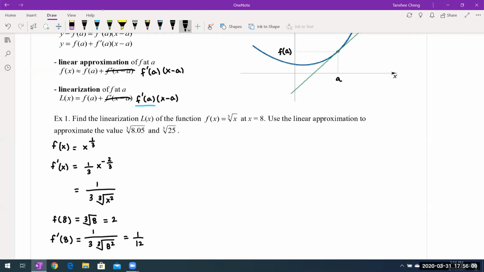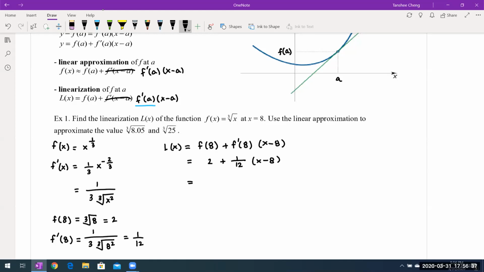Now put it into the linearization function: L of x equals f of 8 plus f prime of 8 times x minus 8. So this gives me L of x equals 2 plus 1 over 12 times x minus 8.